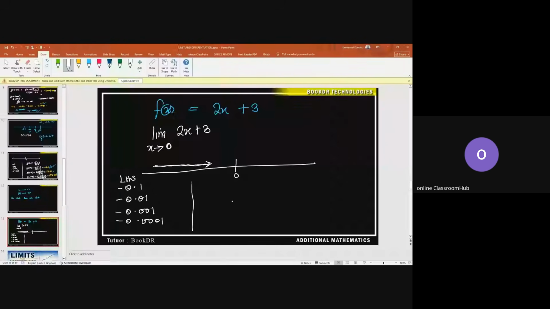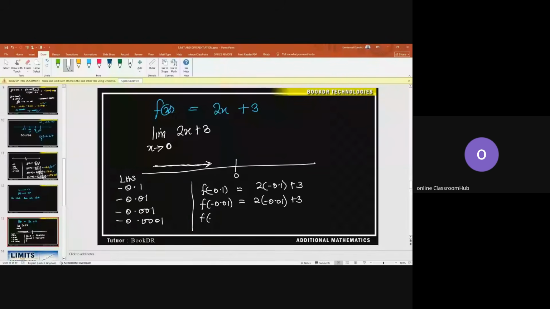So let's perform this calculation. We are going to look for f of negative 0.1. So that will be 2 multiply negative 0.1 plus 3. Start using your calculators. Negative 0.01: this will be 2 into bracket negative 0.01 plus 3.